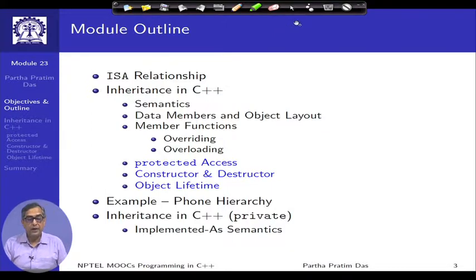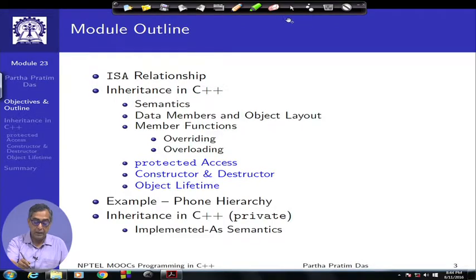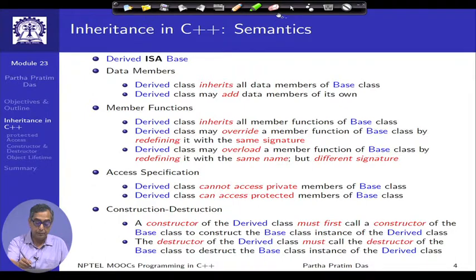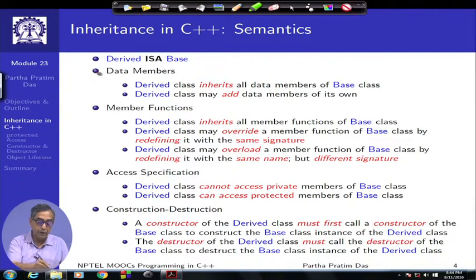The outline, as I have already explained, is for the whole of inheritance, and the blue part relates to what we will be discussing in this current module. This is for your quick reference: these are the broad semantic requirements, these two we have already done, and this is the one that we will be covering now.